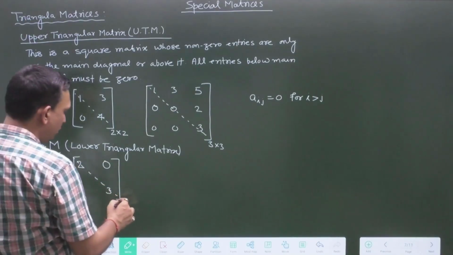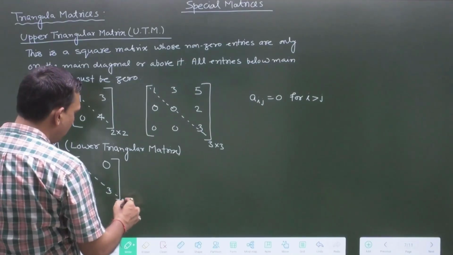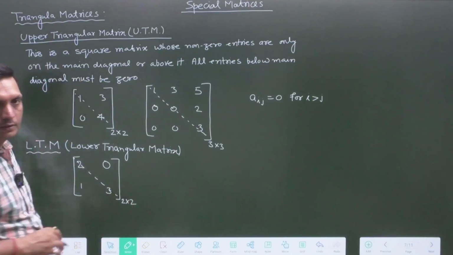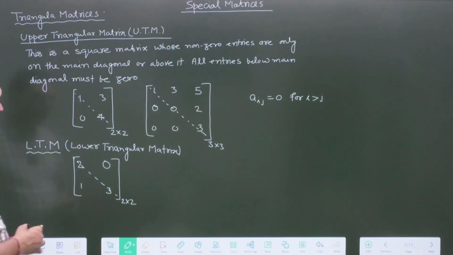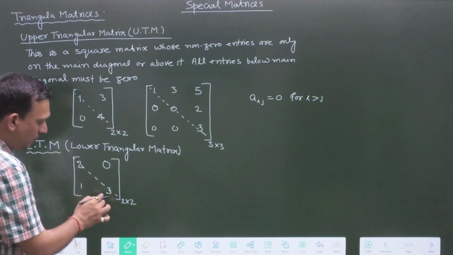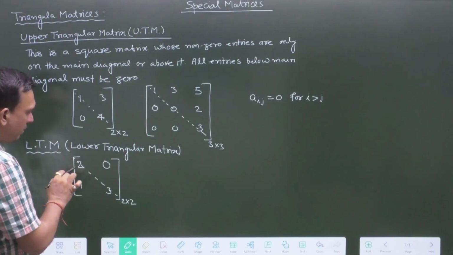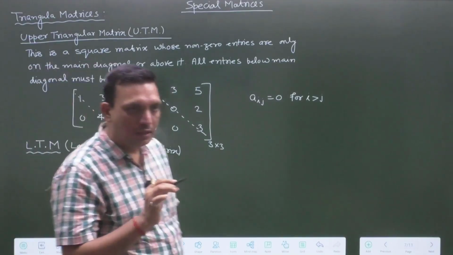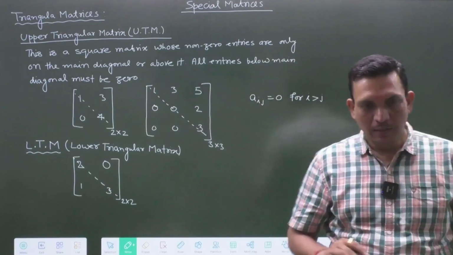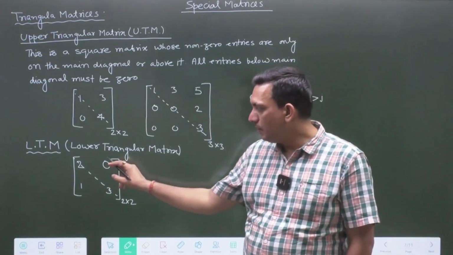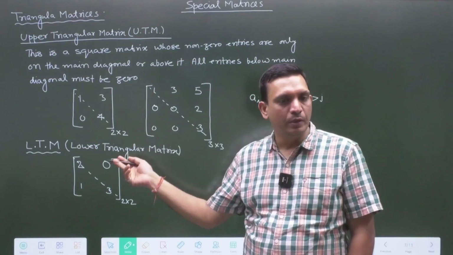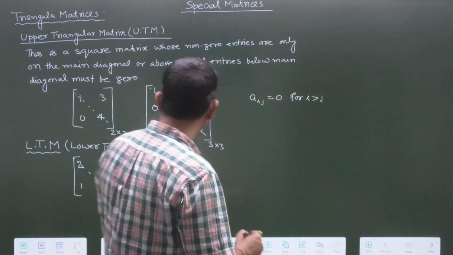It's a 2 cross 2 lower triangular matrix.